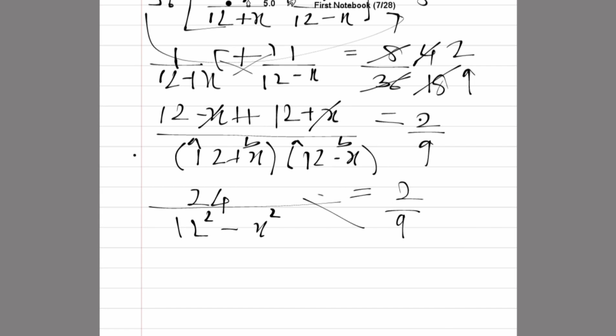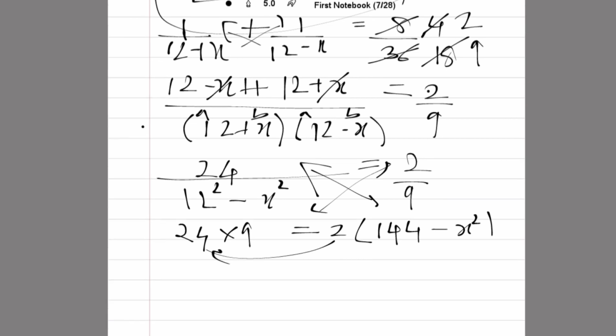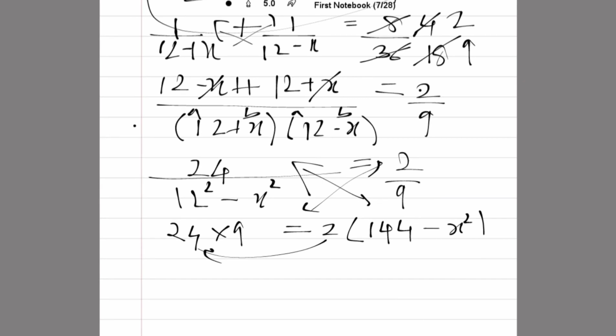Now we can just cross multiply these terms and get our values, that is 24 into 9 is equal to 2 into 144, that is 12 square minus x square. Now we can just take this 2 and divide it and simplify that, so we don't need to multiply such big numbers.